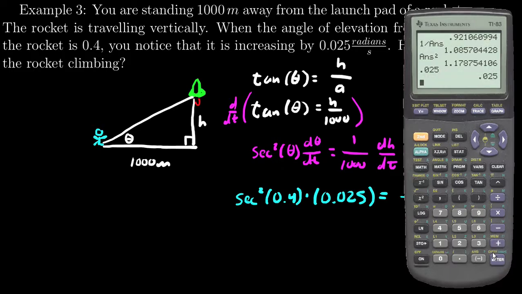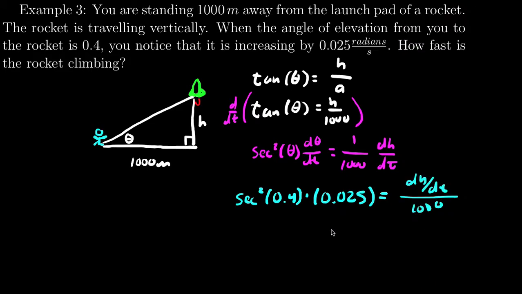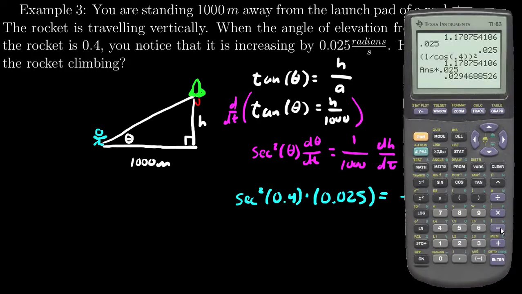I didn't do that properly. Let me try that again. So 1 over cosine of 0.4 squared times 0.025. And then I had to multiply both sides by 1,000, so I'll do that. So times 1,000.